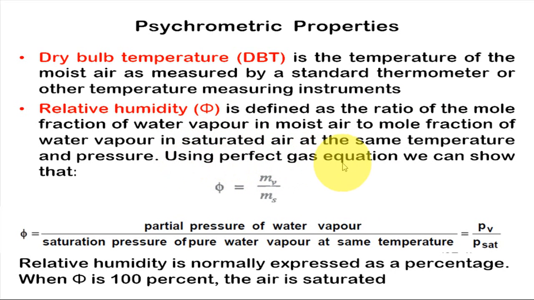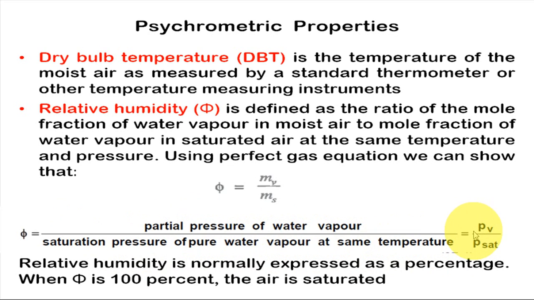Using the perfect gas equation, we can write that relative humidity phi is equal to mv upon ms, that is, the mole fraction of water vapor in moist air to the mole fraction of water vapor in saturated air at the same temperature and pressure. Or we define relative humidity phi as the partial pressure of water vapor to the saturation pressure of pure water vapor at the same temperature.